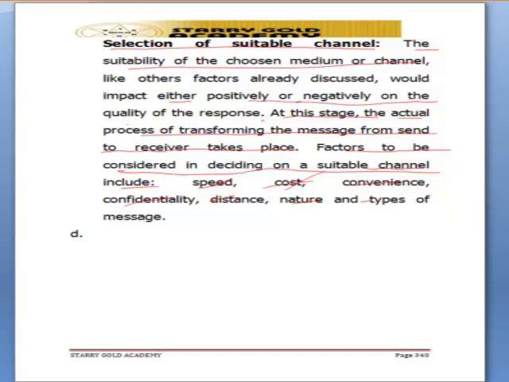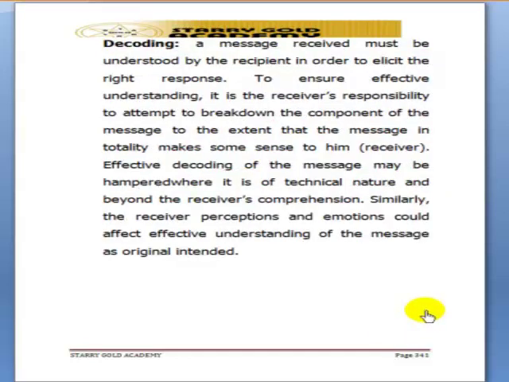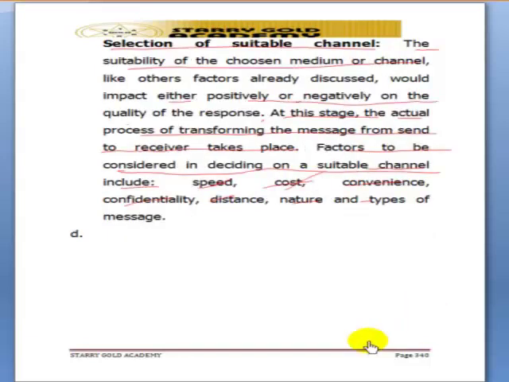Alright, so we have the next one. The next one is supposed to be decoding. Here we have talked about the conception, the idea.